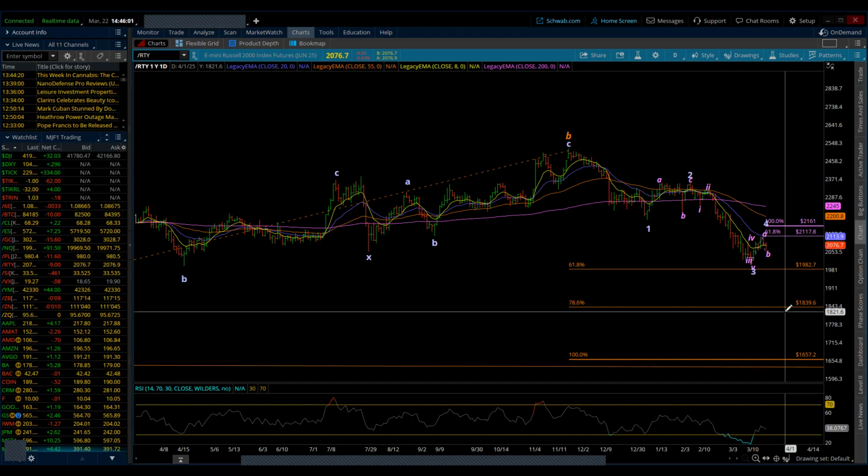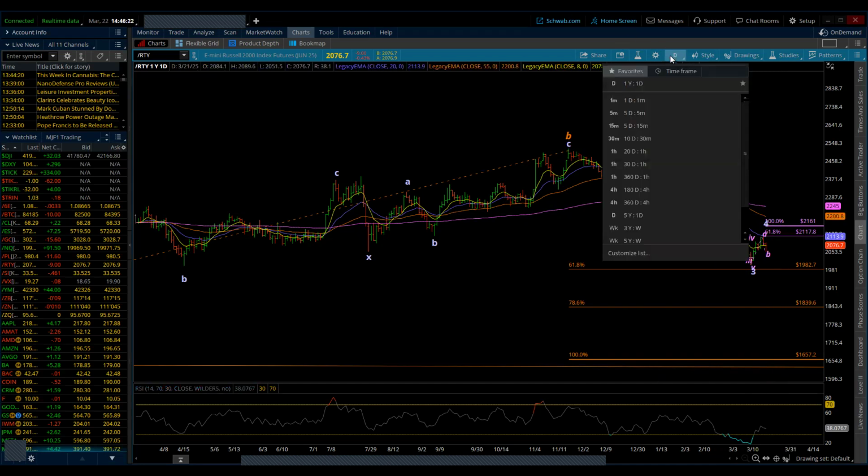I think from there, I'm hoping we'll be finishing, in the case of the Russell, that minor C wave coming down, launching the market back up in the next leg up, because that will be completing, I believe, a fourth wave, and will be moving back up in an intermediate fifth wave.